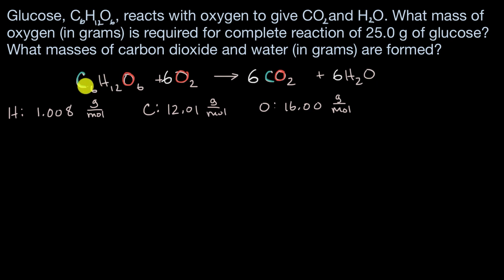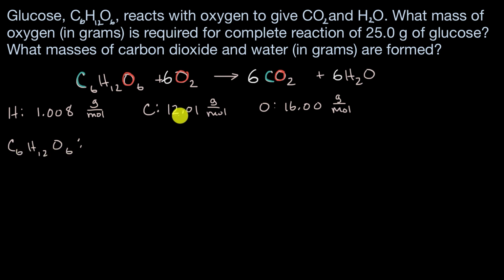So for example, glucose right over here, C6H12O6, how many grams per mole is that going to be? How many grams is a mole of glucose going to be? Well, it's 6 carbons, 12 hydrogens, and 6 oxygens.